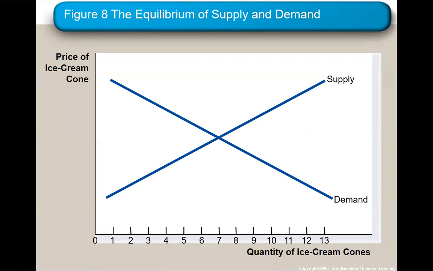Income. There are two types of goods. One is a normal good. For a normal good, income increases, demand increases, which makes sense, right? You make more money, you're going to buy more stuff. Income decreases, demand decreases.